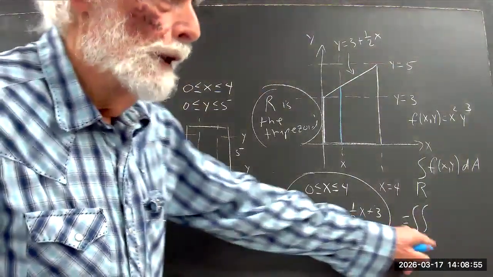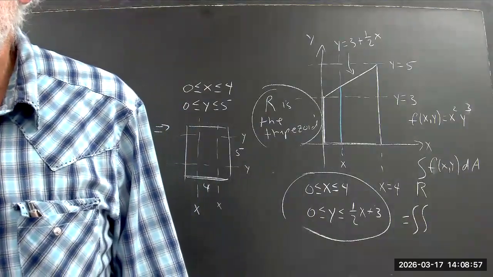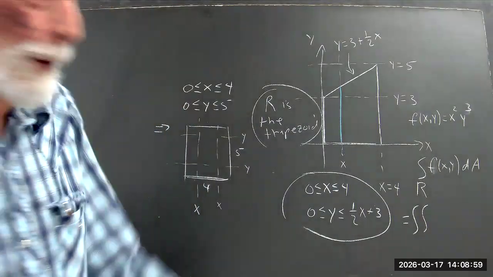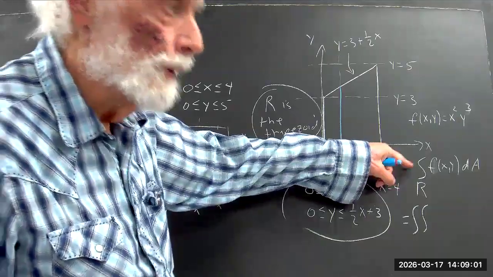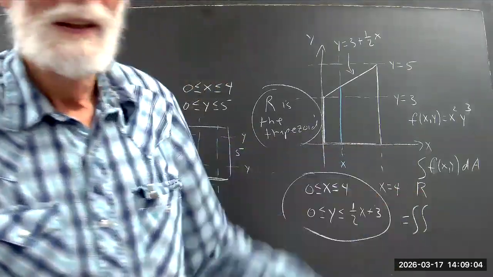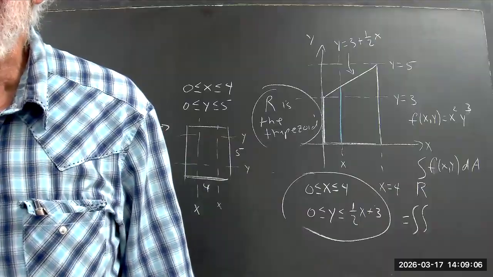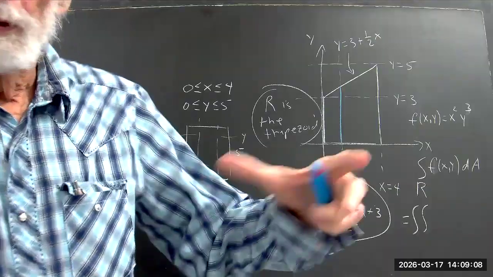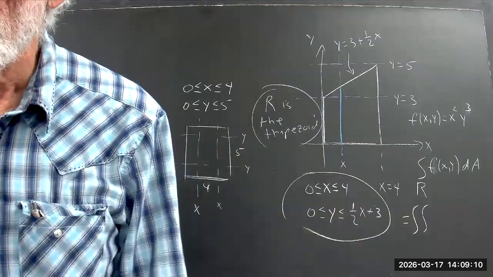To integrate with respect to area, we need to do a double integral. Okay? Now, there's only a single integral sign, but it's a single integral over a region, and it's a two-dimensional region. If it was a three-dimensional region, we're going to use a triple integral.